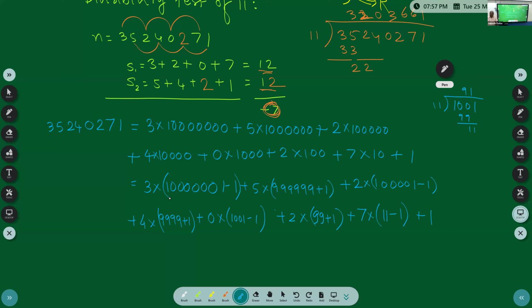Now rearrangement, taking out 11 common, then you will see that few of them have positive signs, positive 1 multiplier, and few of them have negative 1 as a multiplier, and therefore we will end up having our divisibility test.